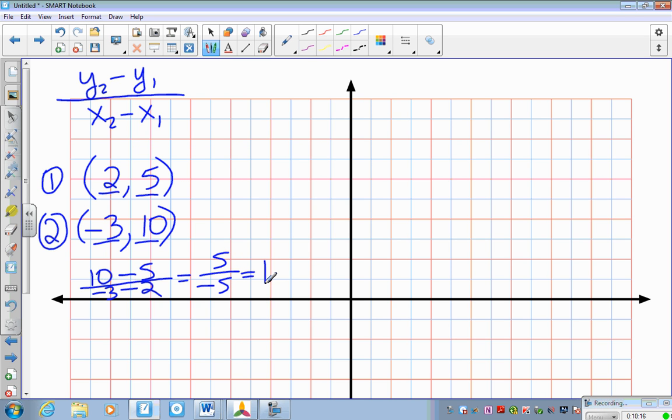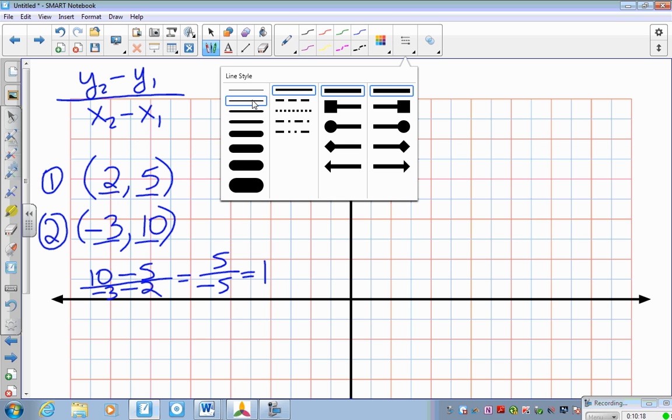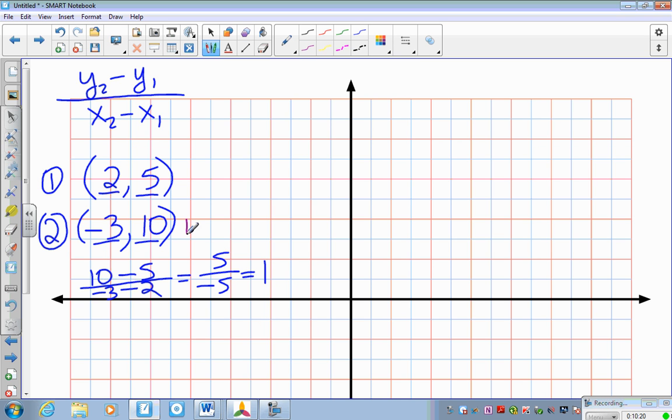I'm going to prove to you now that it doesn't matter which order you choose. Say I labeled this one as point 1 and this is point 2. Now if I do y2, 5 minus 10, y1, over x2, 2 minus x1, negative 3, I get negative 5.